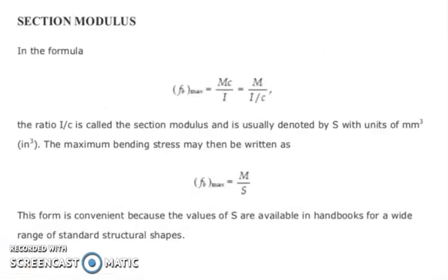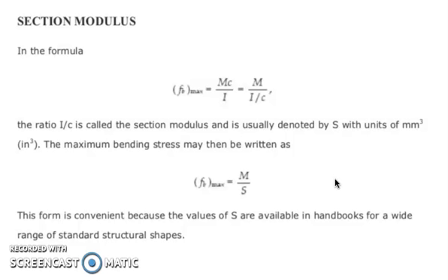Then for our section modulus, based on our formula Mc over I, or M over I over c, I over c is the ratio that is called the section modulus and is usually denoted by S, with units of length cubed.